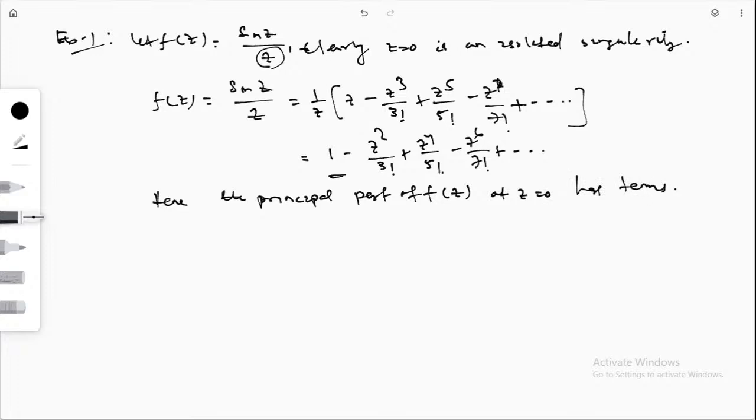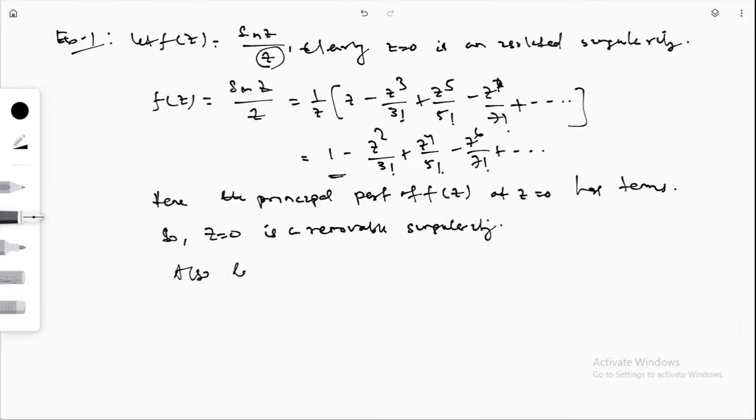So z equal to 0 is a removable singularity.